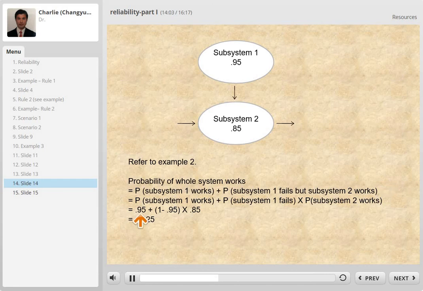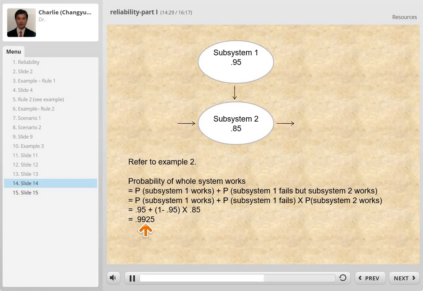Subsystem 1 works equals 95%. Subsystem 1 fails equals 1 minus 95%. Subsystem 2 works equals 85%. When we finish the calculation, the whole thing equals 0.9925.